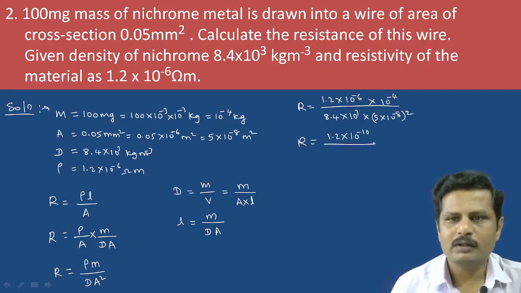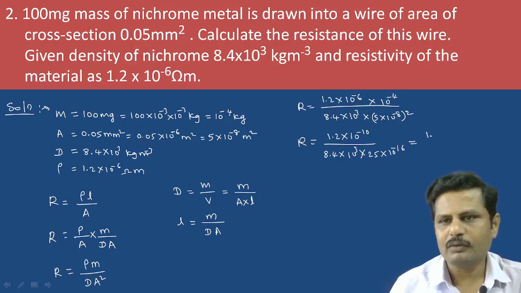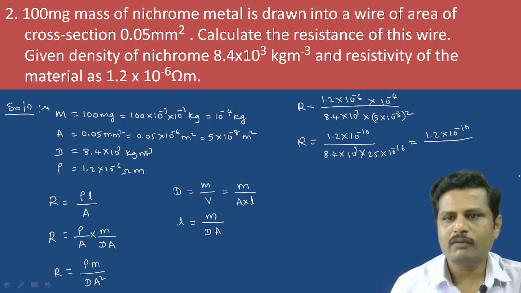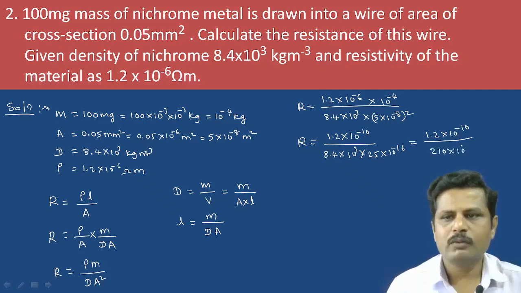divided by 8.4 into 10 raised to 3. Here 5 square becomes 25 times 10 raised to minus 16. So this becomes 1.2 into 10 raised to minus 10 divided by 25 into 8.4 into 10 raised to minus 13.